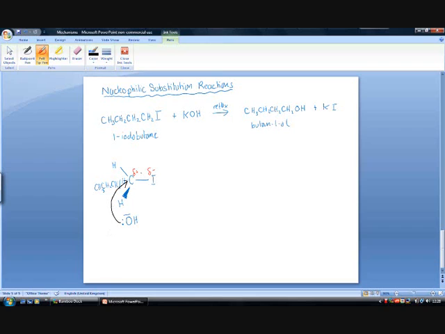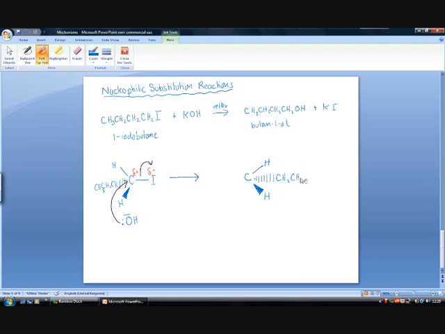Now the lone pair of electrons from the OH is attracted to the electron deficient carbon. And the iodine-carbon bond breaks by heterolytic fission. Both electrons go to the iodine. So we draw the structure again. This time we do it the other way, like a mirror image of it.